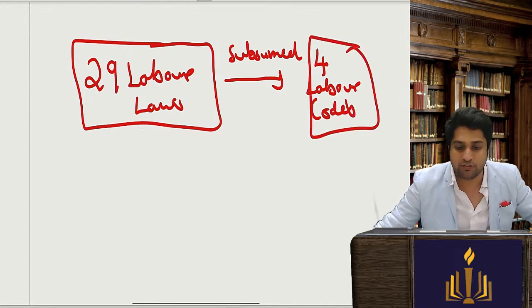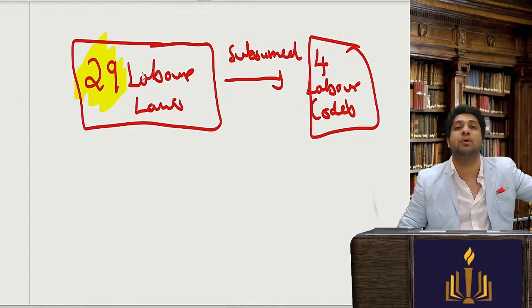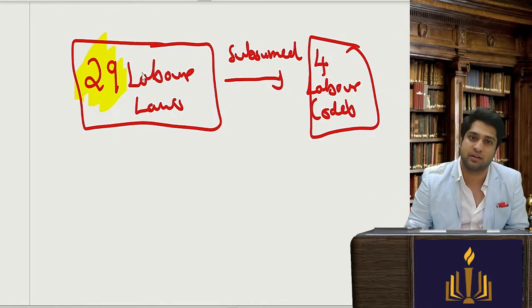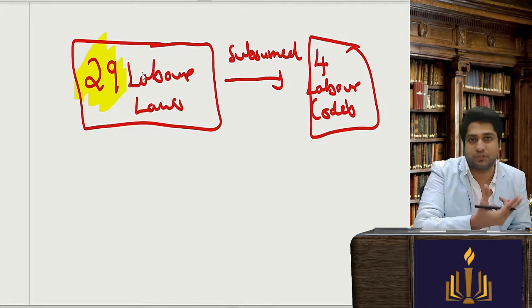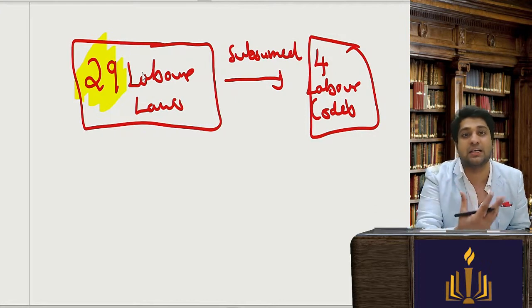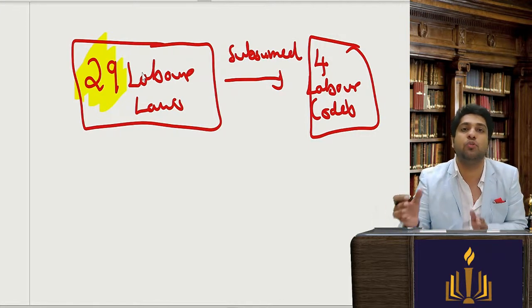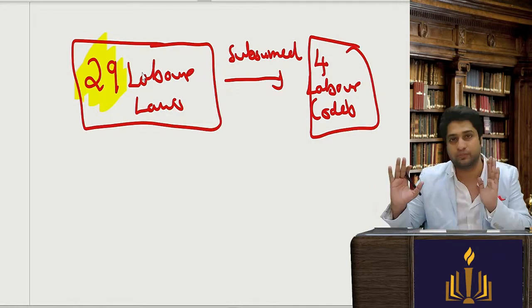Concept clear? So if you count the number of labor acts which have been repealed, it will come to 29. They all will get subsumed, will get submerged, will get consolidated into 4 acts only.